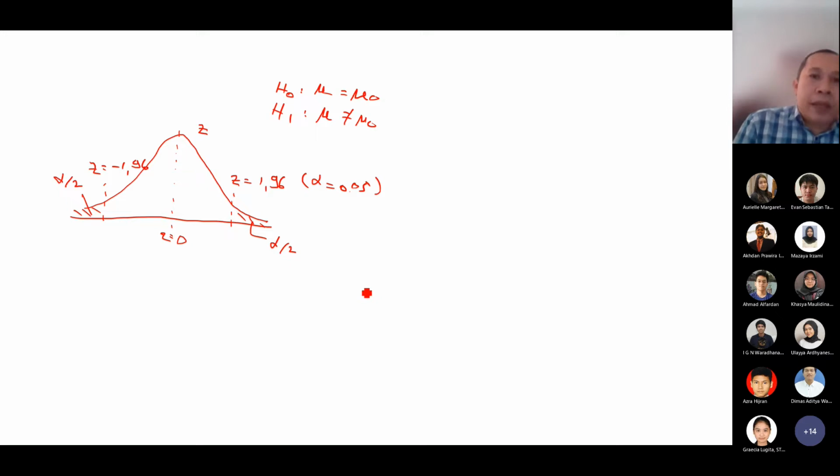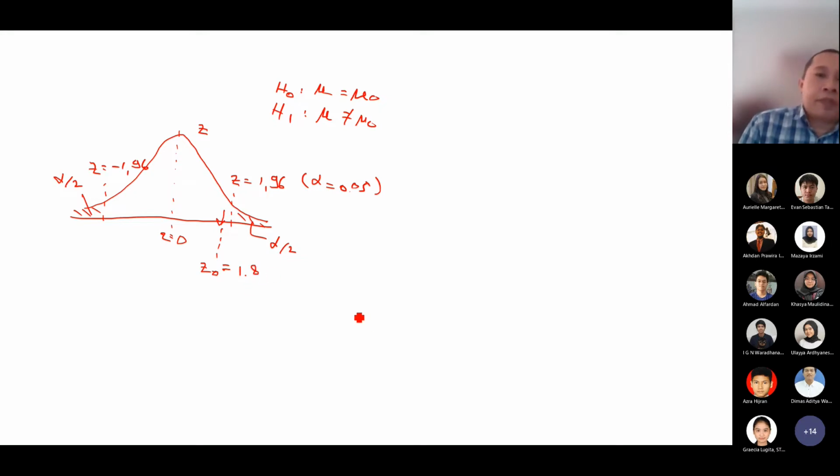Okay, now suppose your Z naught is located here somewhere. So your Z naught, this is the test statistic, the one that you calculate from your data. Let's say that your Z naught is 1.8.